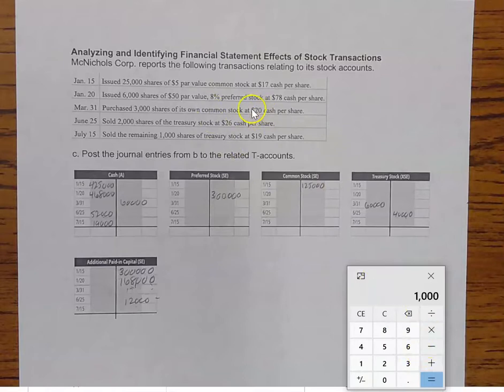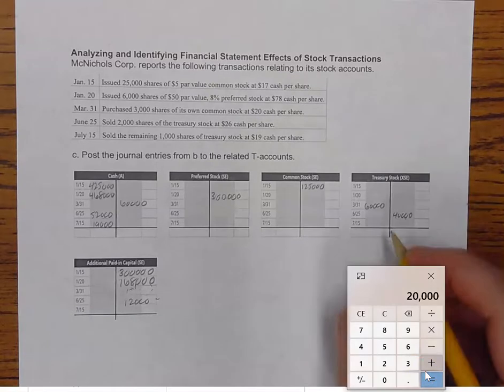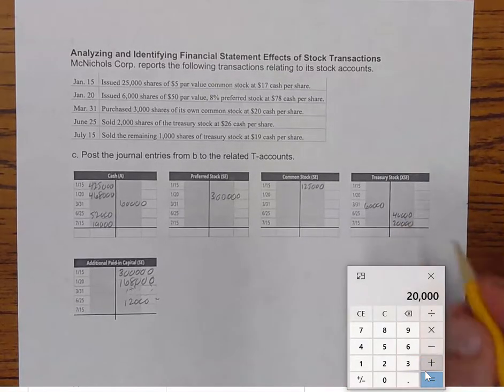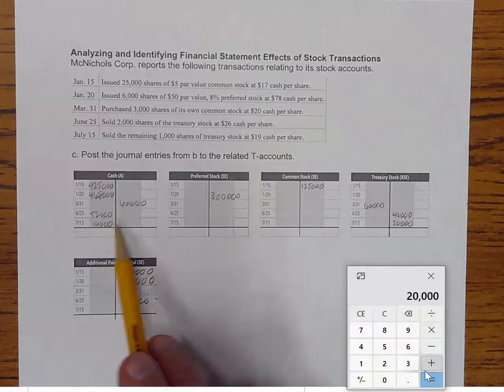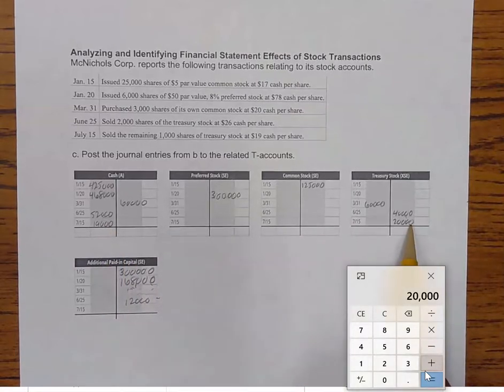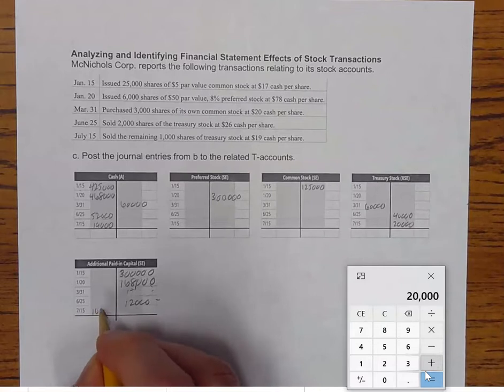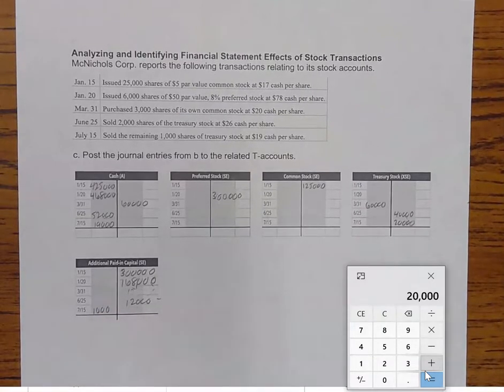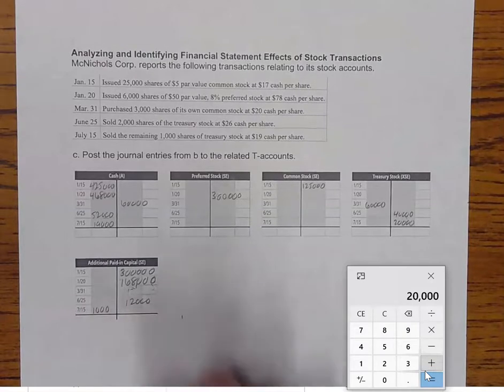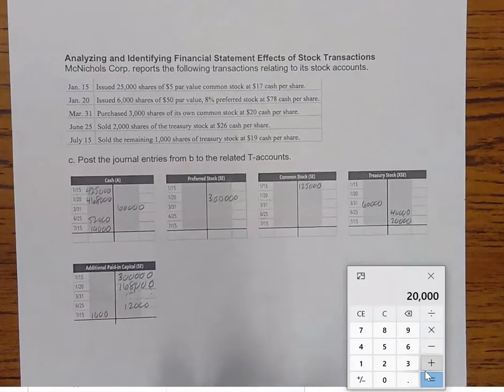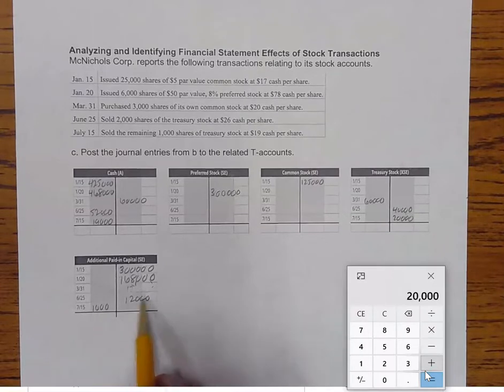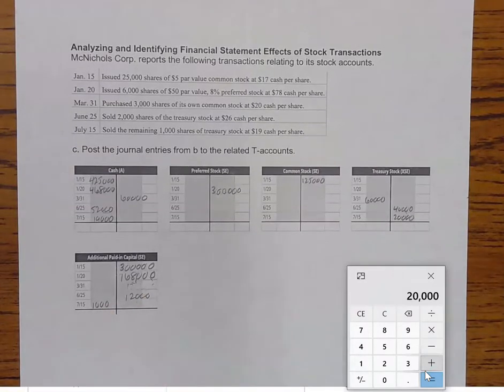We're going to use the original amount, just like we did right here. So 1,000 times 20 is 20,000. So the cash received, $19,000, is $1,000 less than the reduction to treasury stock. So we have a loss, right? Wrong. We're going to debit additional paid in capital for $1,000. So between those two transactions, our additional paid in capital actually went up $11,000.